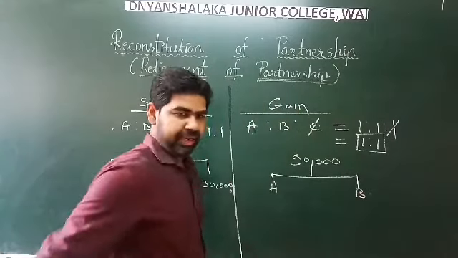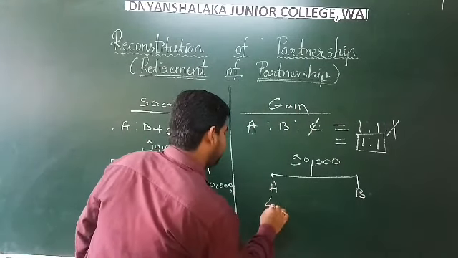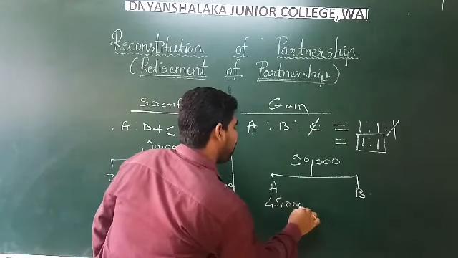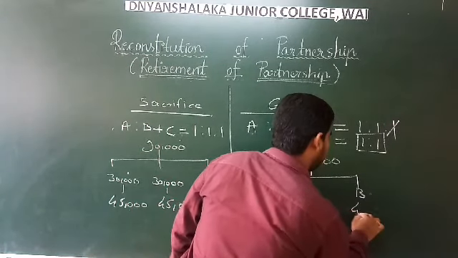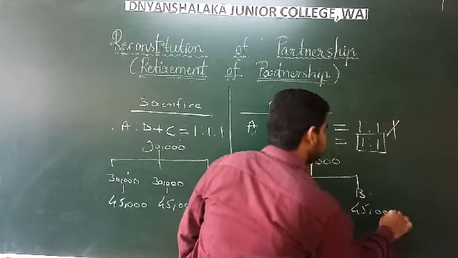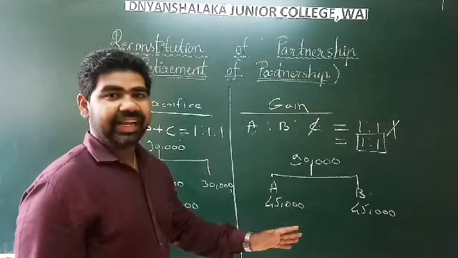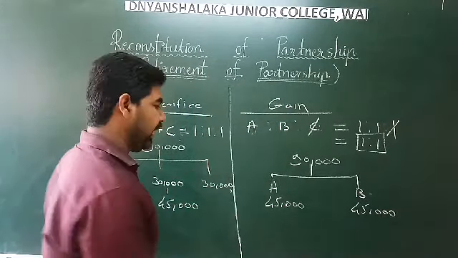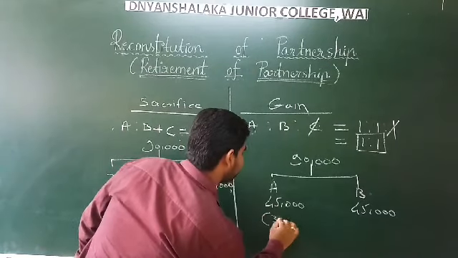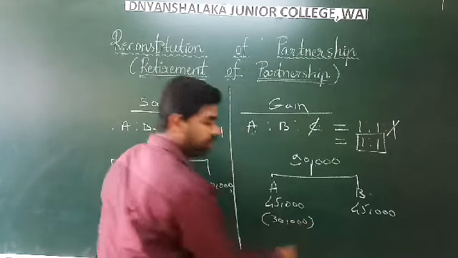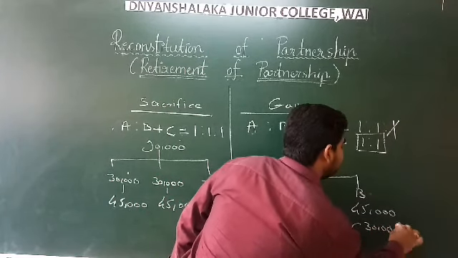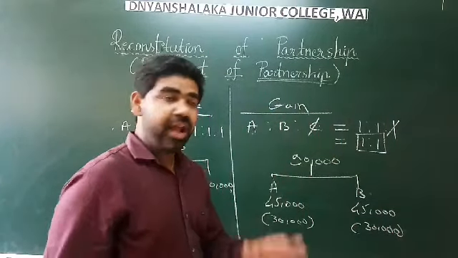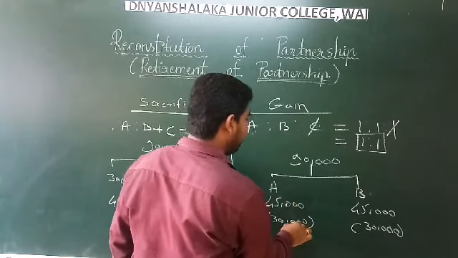Okay, A and B. Means now in this case A earns the profit of rupees 45,000 and B earns the profit of rupees 45,000. ओके, अगर C बिजनेस में रहेगा तो A को कितना प्रॉफिट मिलना था? 30,000, और B को भी 30,000. अगर C बिजनेस से रिटायर नहीं होता तो A को 30,000 और B को 30,000 प्रॉफिट मिलना था.